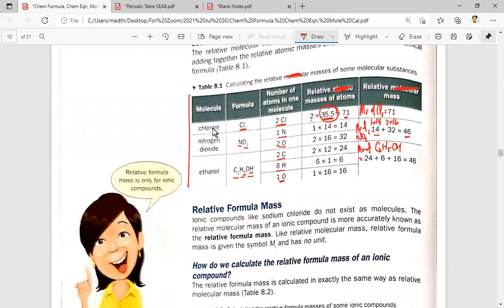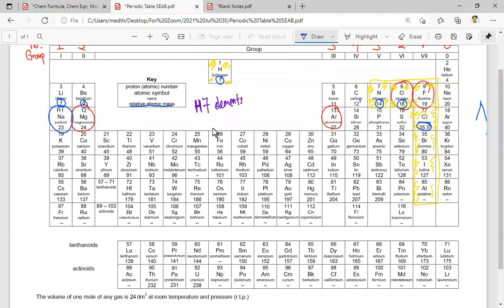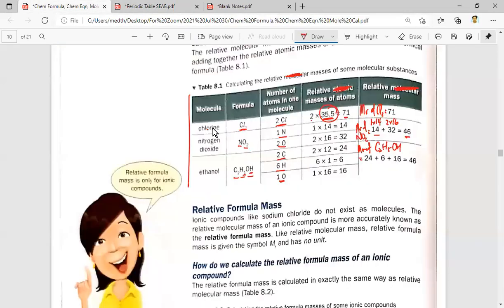So 2 times 12, where I get the 12 from is from here. Where I get the 1 from is the mass of hydrogen, where I get 16 from is the mass of oxygen. So 2 times 12, 24, 6 times 1, 6, 1 times 16, 16. So you add up this, it's 46. So the Mr of C2H5OH is 46.